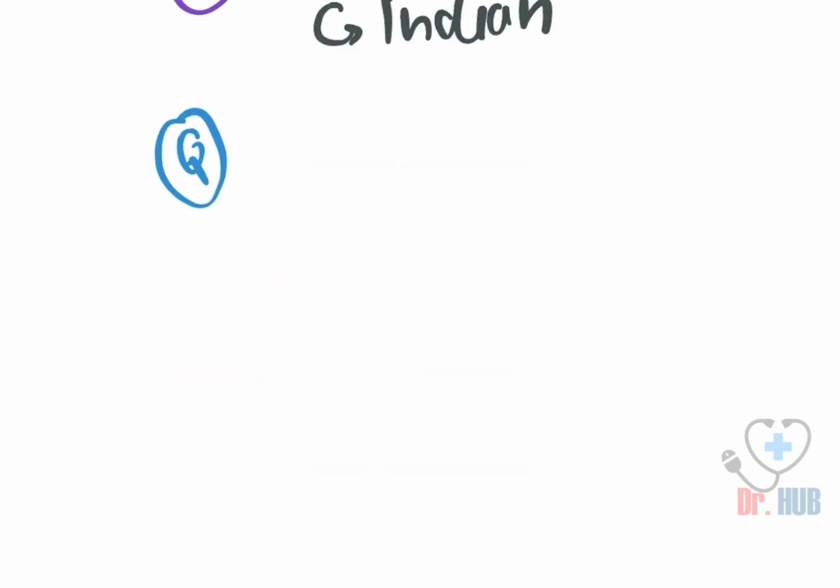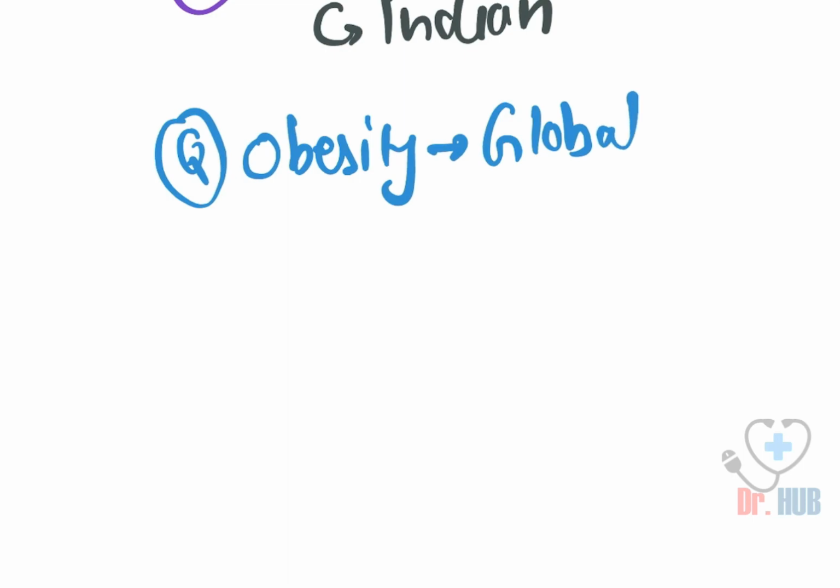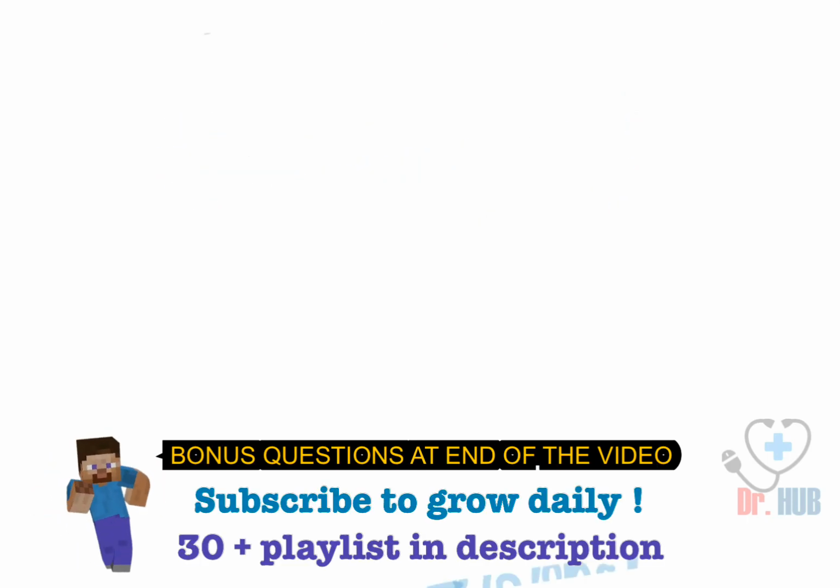Third is, what is considered as obesity in terms of the global population? We'll find out the answers to all of this in this video, and there is also a bonus question in the end.